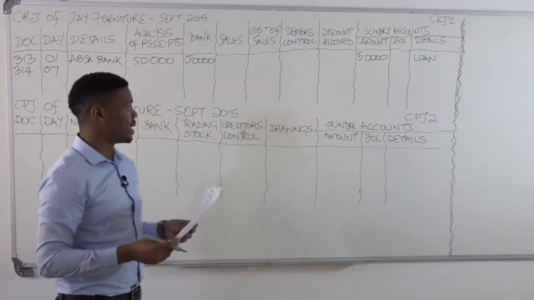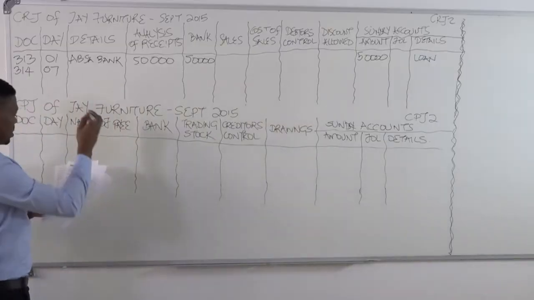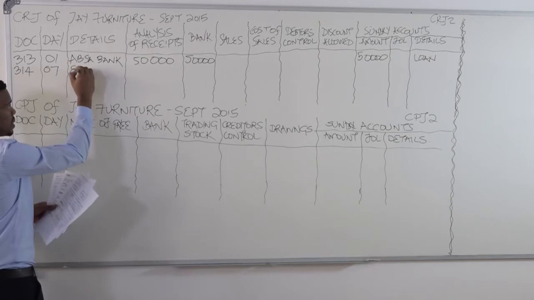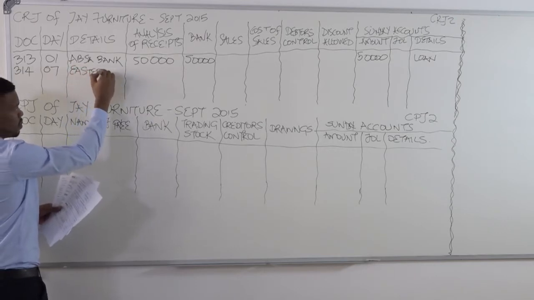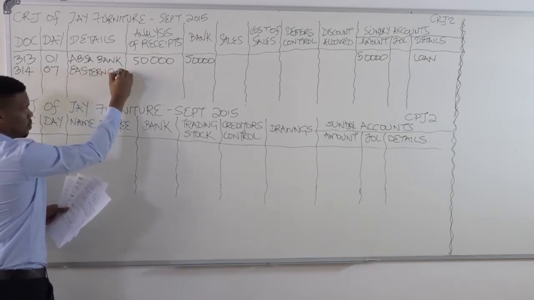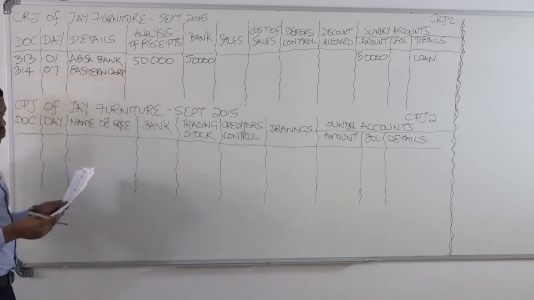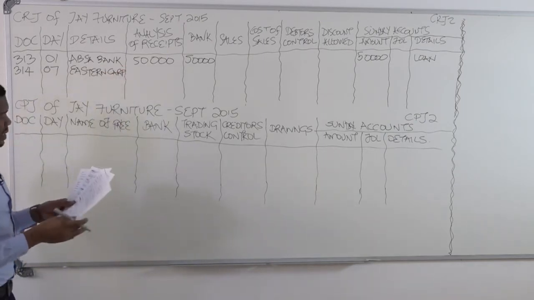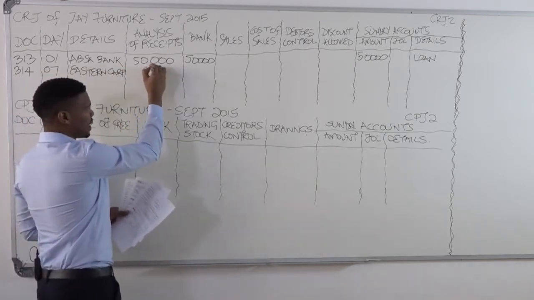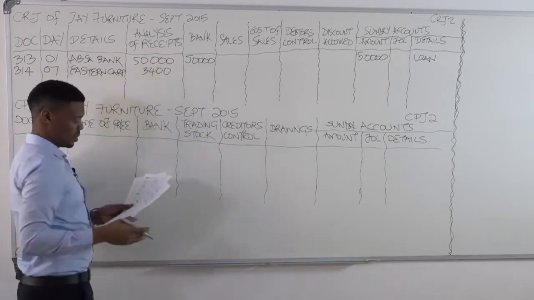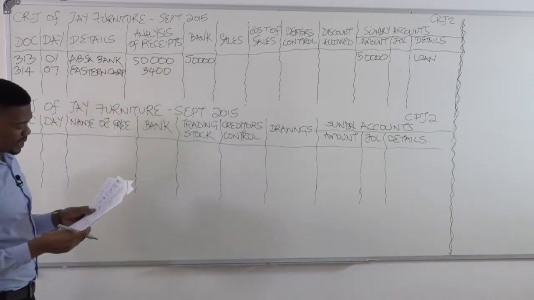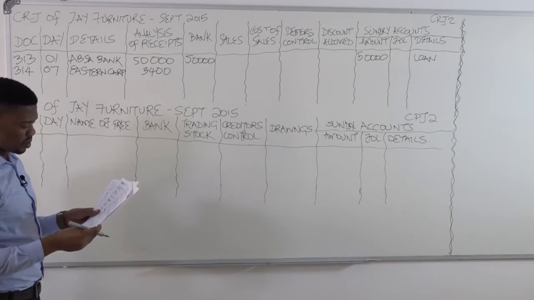Under details, I'm going to enter Eastern Carpets. The amount is then 3,400, which you put under analysis of receipts. And then you will take that amount to the next column.